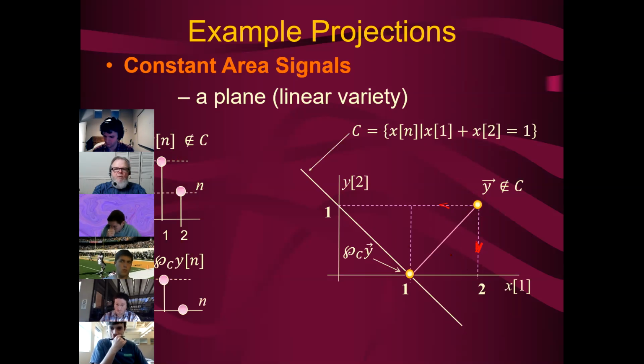I don't know why I have the y. This should be a y1. We have to subtract off the same value here as we do here in order to get to the point. So this is the key. We have to subtract off this, and we have to subtract off this, and the amount that we subtract off from both cases has to be exactly the same.